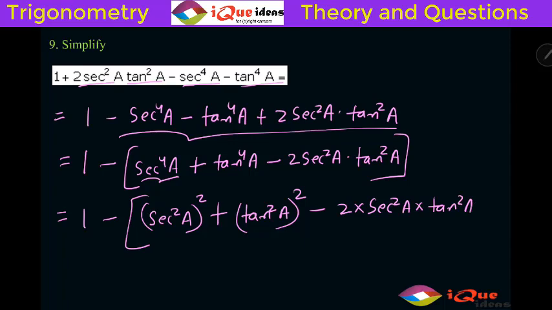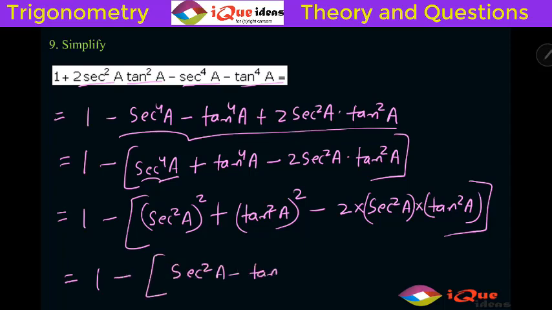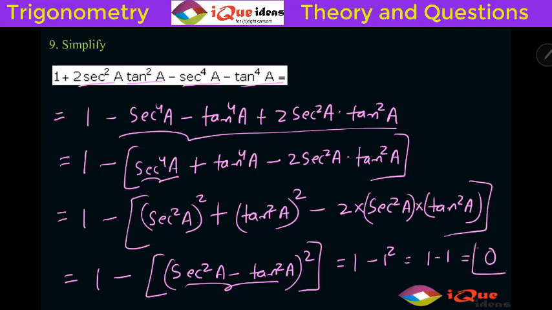And this becomes the formula of a minus b whole square. So this is actually 1 minus sec square a minus tan square a, whole square. Now we also know that sec square a minus tan square a is 1 for any angle a. So it is equal to 1 minus 1 square, or 1 minus 1, which is 0. So the answer of this question is simply 0.